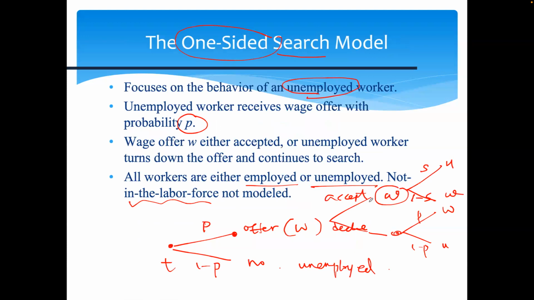You may get laid off because the firm may have some problem, or you may simply not like the job and want to search for a better one, right? It's either you don't like the location or you don't like your boss or for some other reason, right? So this is a simple way to capture this unexpected event. You may just suddenly lose your job. You're separated from your firm, right?